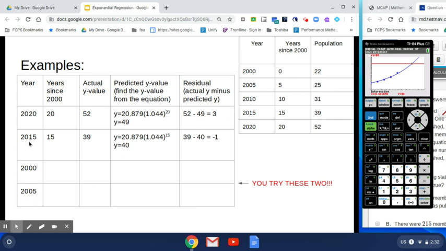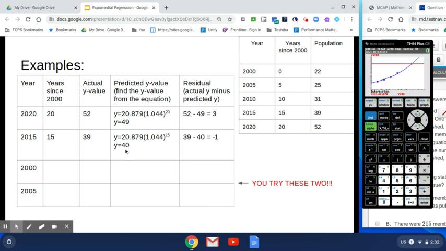Another example, in the year 2015, our x value was 15. Our actual y value was 39. If I find the predicted y value, again, I'm going to plug in that x value into the equation. So 20.879 times 1.044 raised to the 15th power.